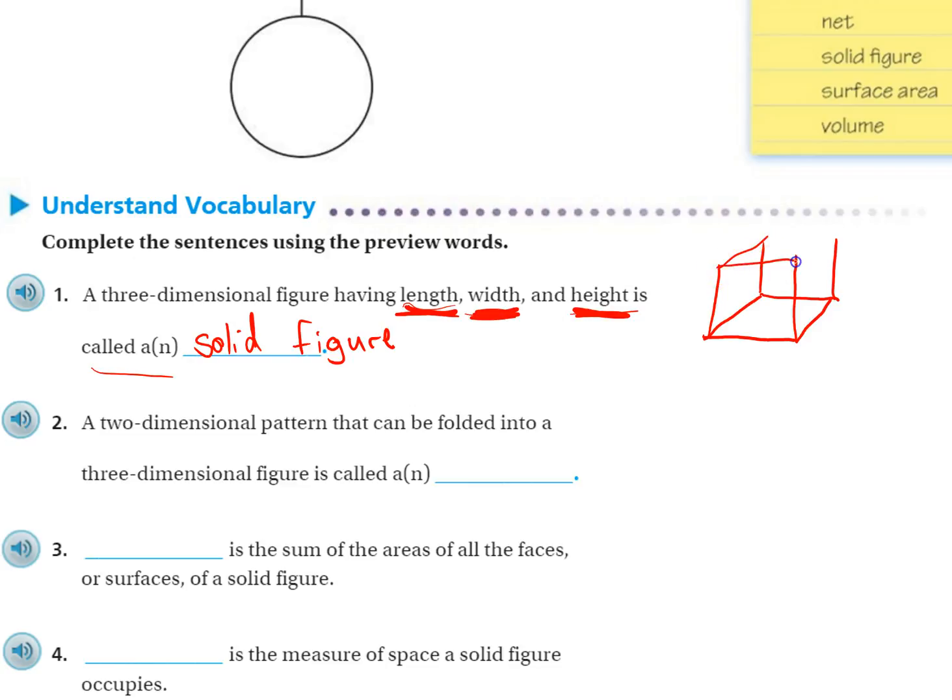And then we just close it up. And there we have our cube. Solid figure. Has all three dimensions. Length, width, and then height as well.